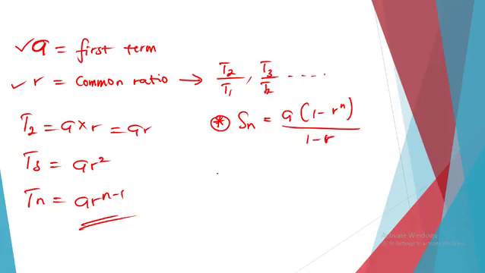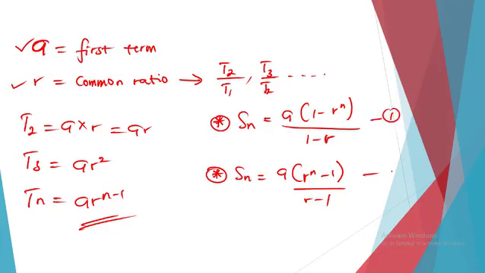Then secondly, Sn is equal to a into r raised to the power n minus 1, all over r minus 1. We have two formulas here. This is our formula 1, this is our formula 2.